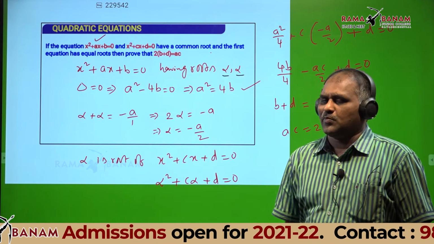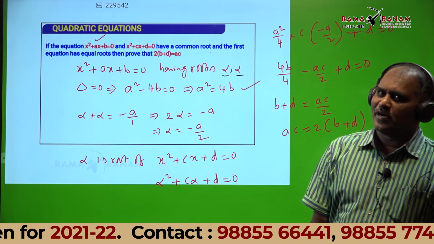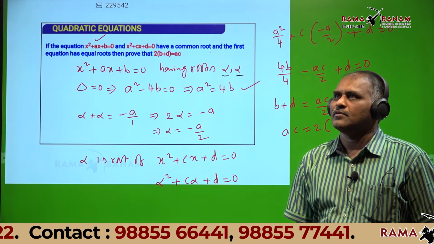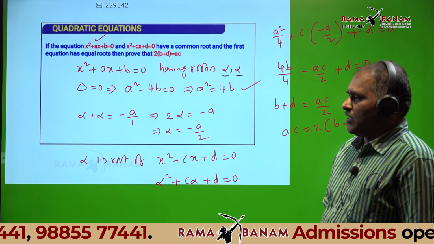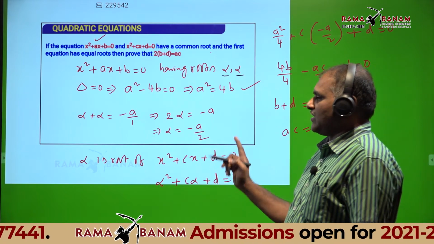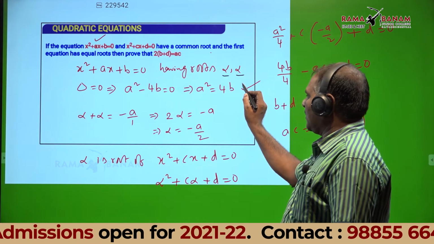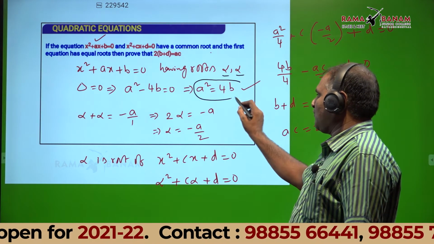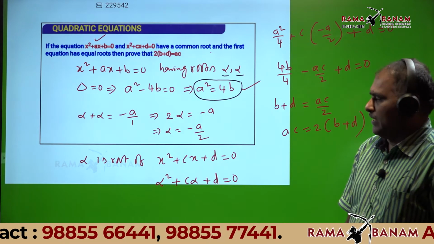What is the discriminant formula? B square minus 4AC. Good. B square minus 4AC is equal to 0. Using that, we get the condition a square is equal to 4b.